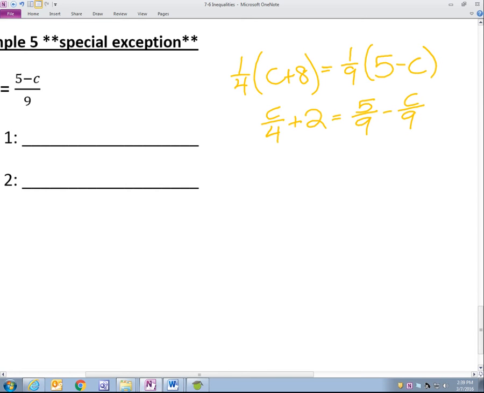So now I have to combine like terms. So I'm going to move the 5/9 to the other side. c over 4 plus 2 minus 5/9 equals the opposite of c over 9.